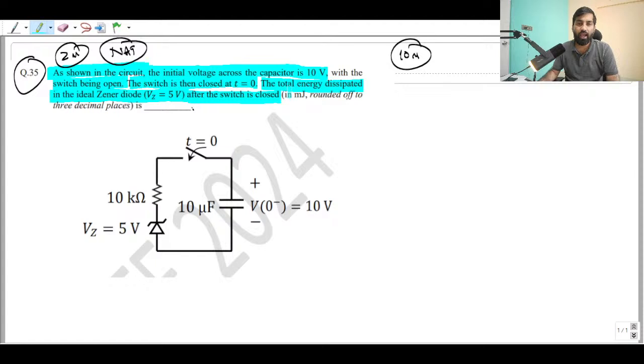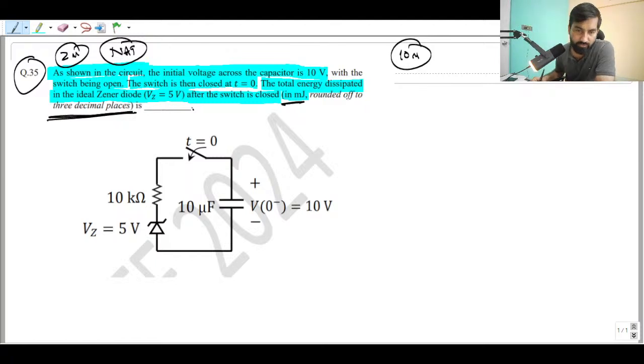We have to find the energy in millijoule, up to 3 decimal places. That is important to remember. Suppose you are getting 2 decimal places, you can attach a 0. That will be the correct answer.